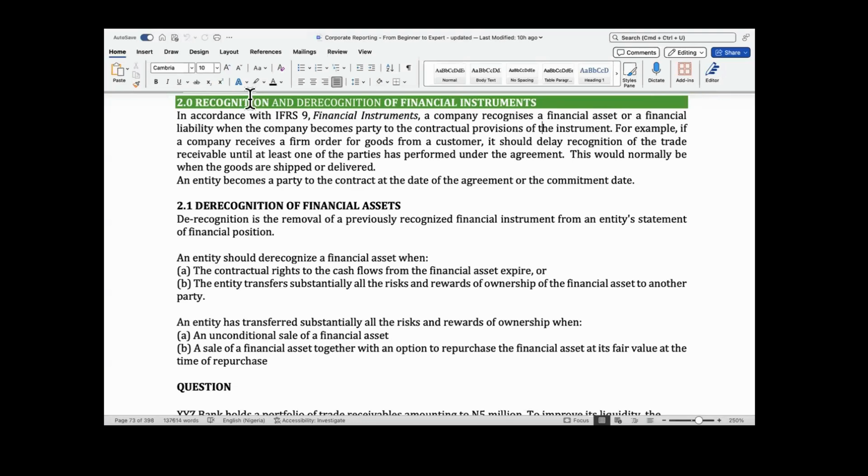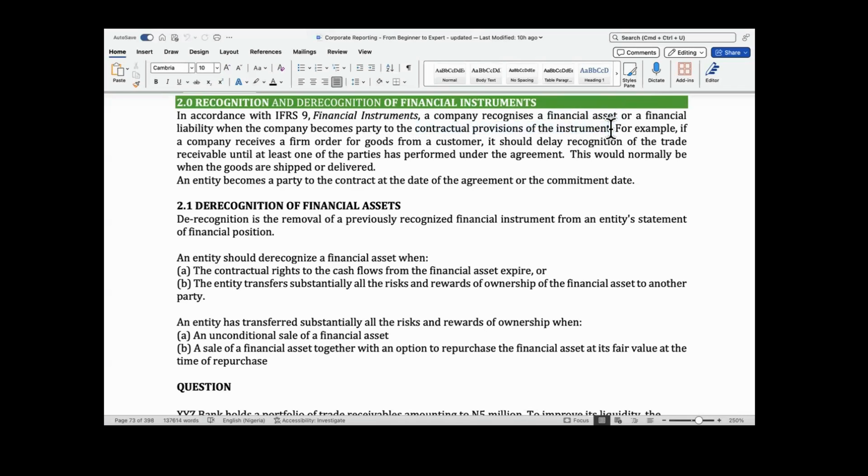A company recognizes either a financial asset or a financial liability in the financial statements when the company becomes a party to the contractual provisions of the instrument.